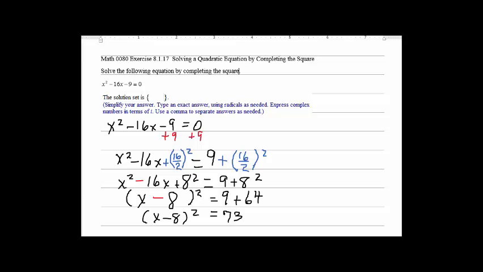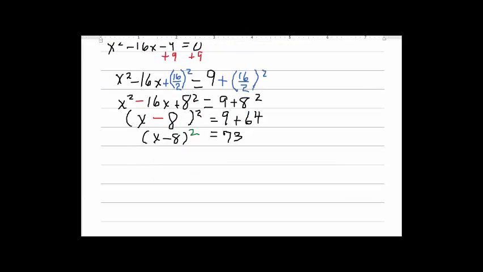Now I'm ready to use the square root property. So I can lose this exponent of 2 on the left if I apply plus or minus square root to what's on the right. So now on the left I'll simply have x minus 8 and on the right I have plus or minus square root of 73.